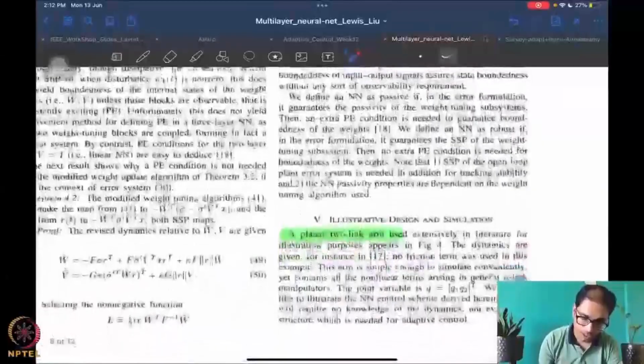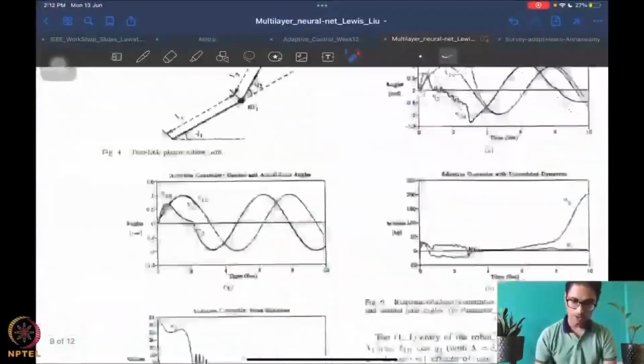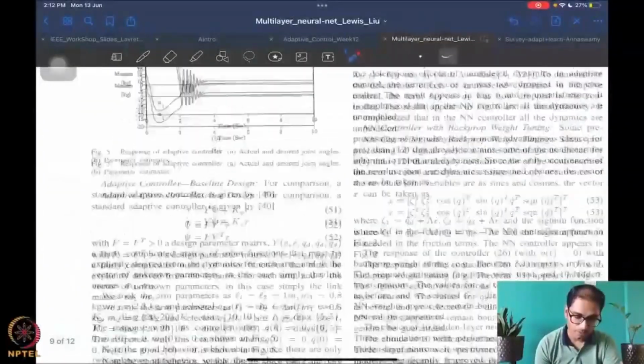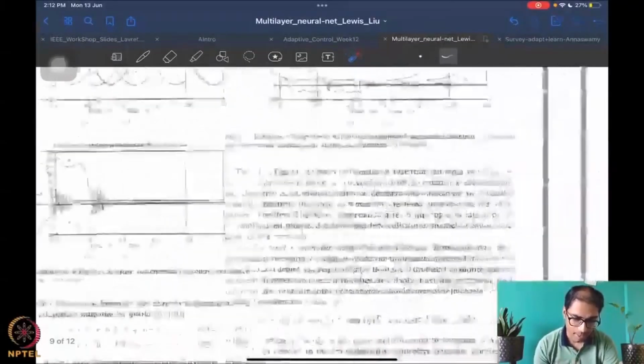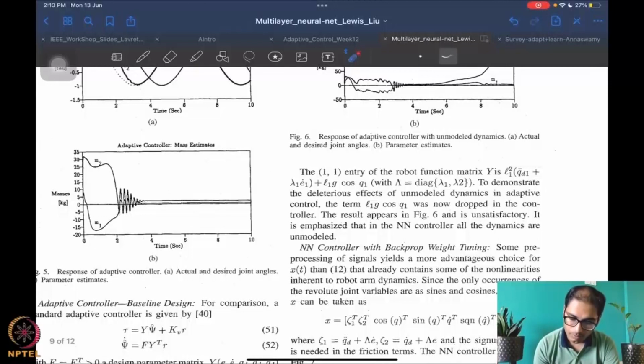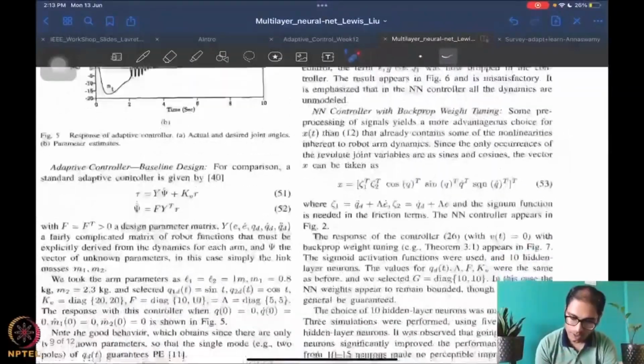So how they illustrated the value of this neural network type method is that they started with this nice baseline robotic model, and then they added some terms into the system matrices like the M, VM, and G and F and all that. So they added just one term, right?